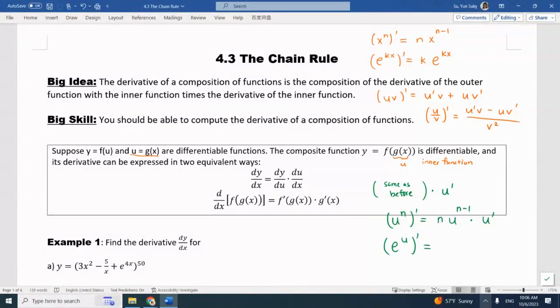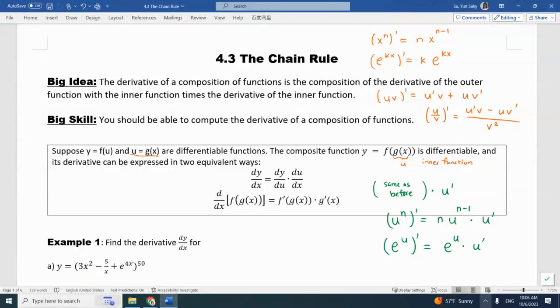The derivative of e to the x is e to the x, so the derivative of e to the u is e to the u, but you need to multiply by u prime at the end. That is why you can use this formula to get this formula.